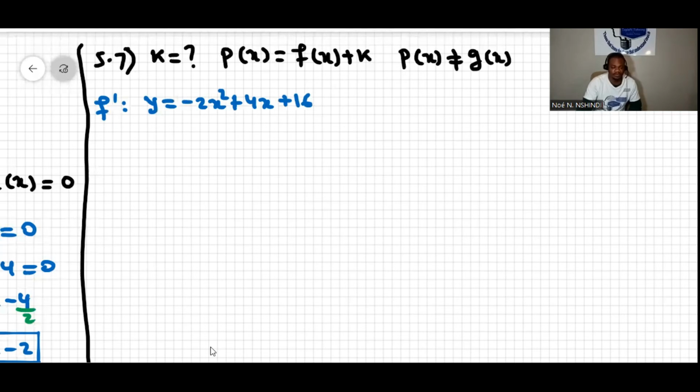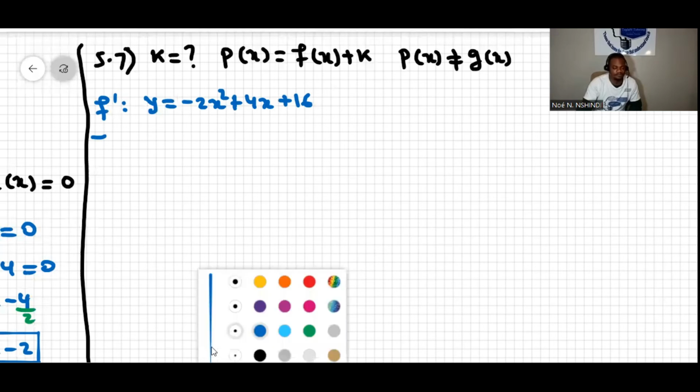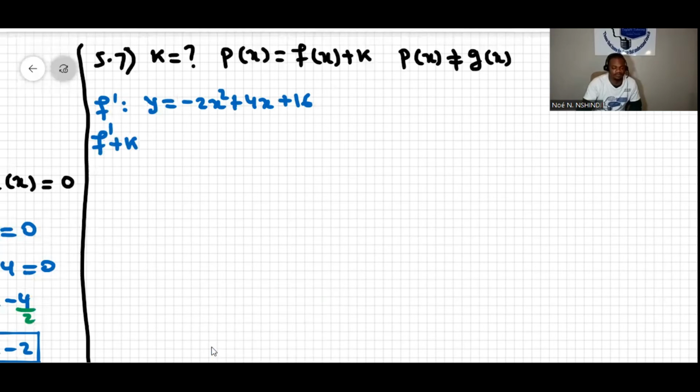Now f of x plus k will then become y equal to negative 2x squared plus 4x plus 16 plus k. Now this is this part. F of x plus k is p of x. Now g of x, I don't know why I put prime here, but I shouldn't.